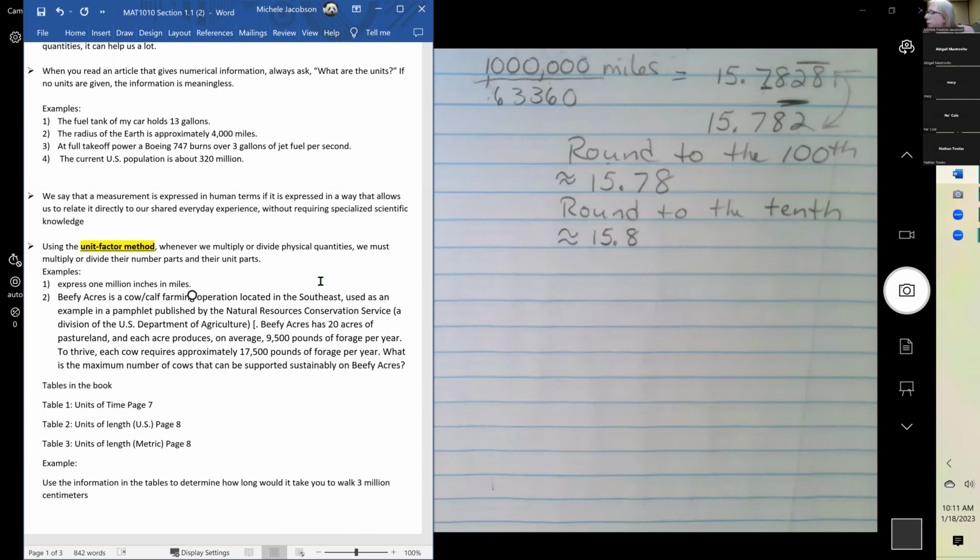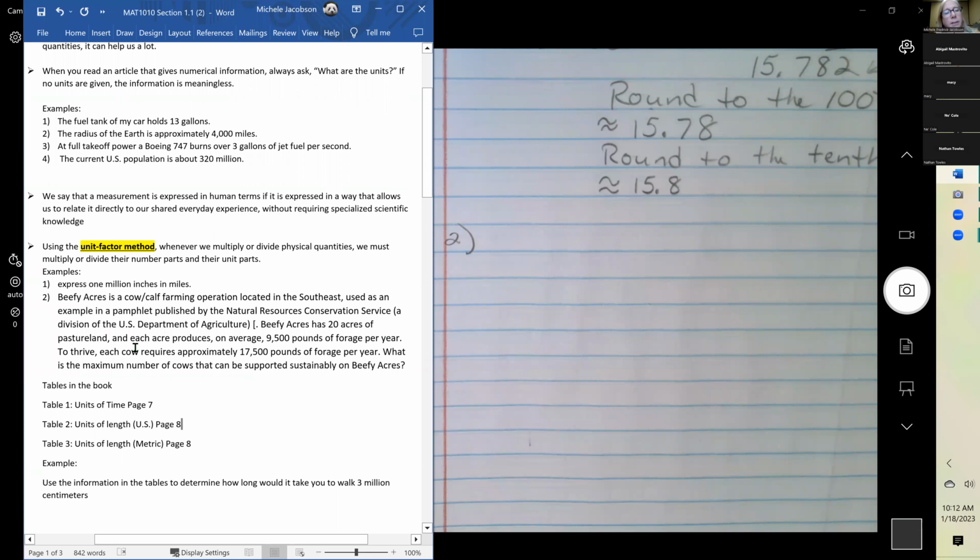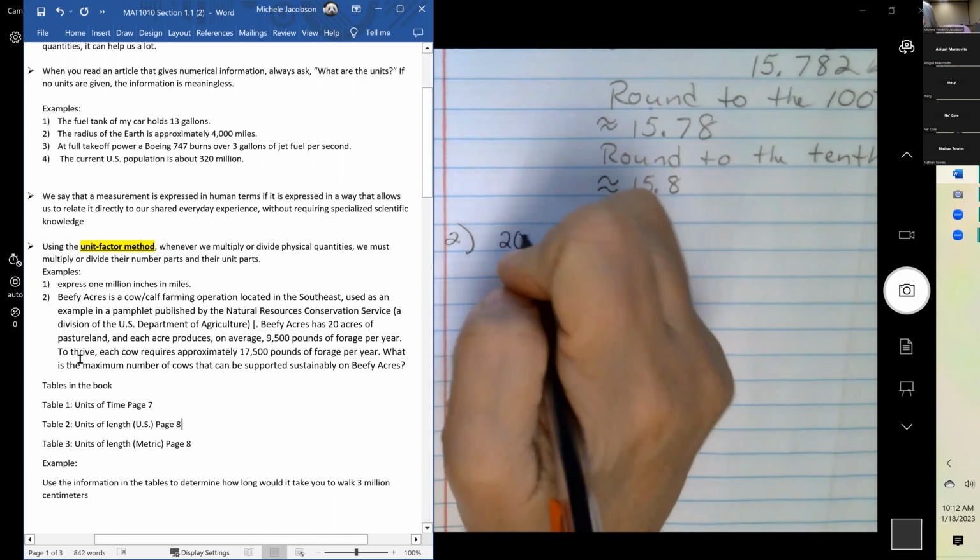Beefy Acres is a cow-calf farming operation located in the southeast. Used an example in a pamphlet published by the National Resource Conservation Service, a division of the U.S. Department of Agriculture. Beefy Acres has 20 acres of pasteurized land, and each acre produces 9,500 pounds of forage.